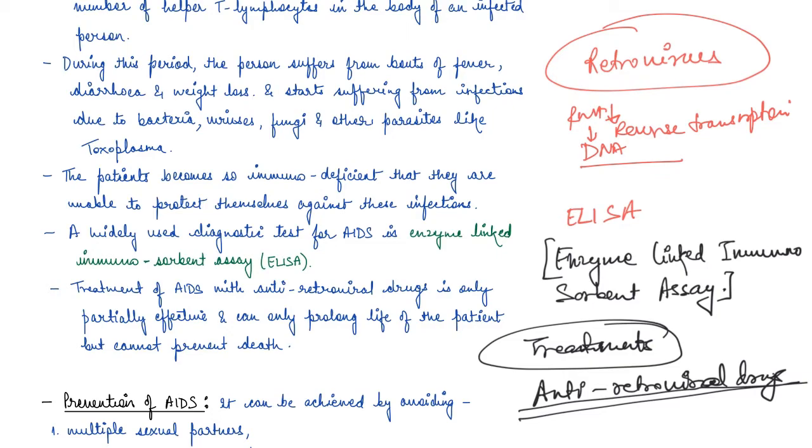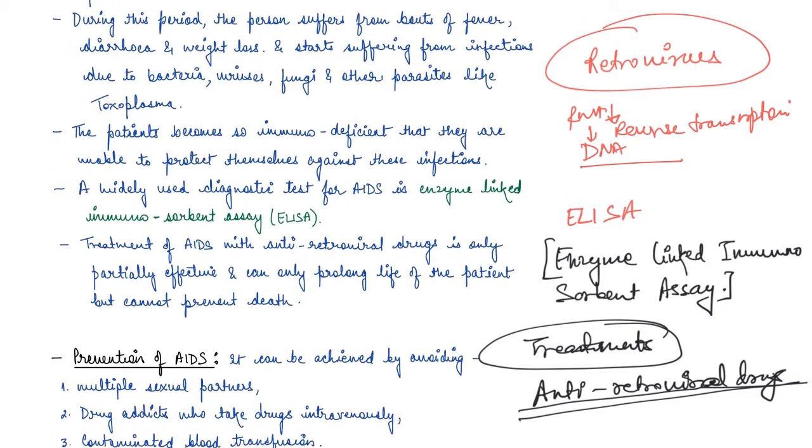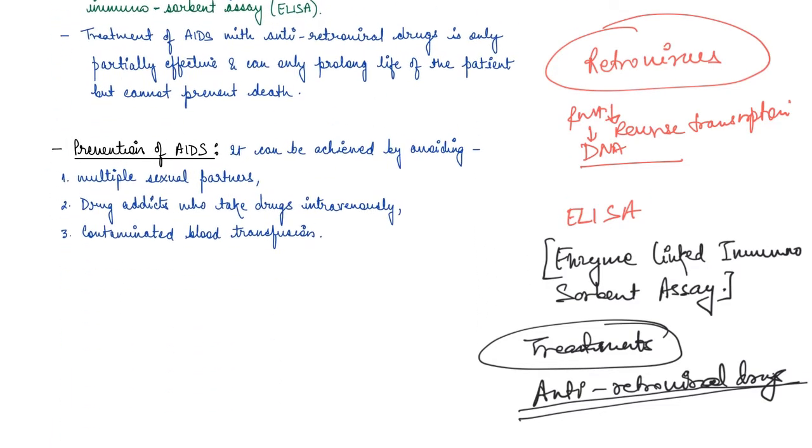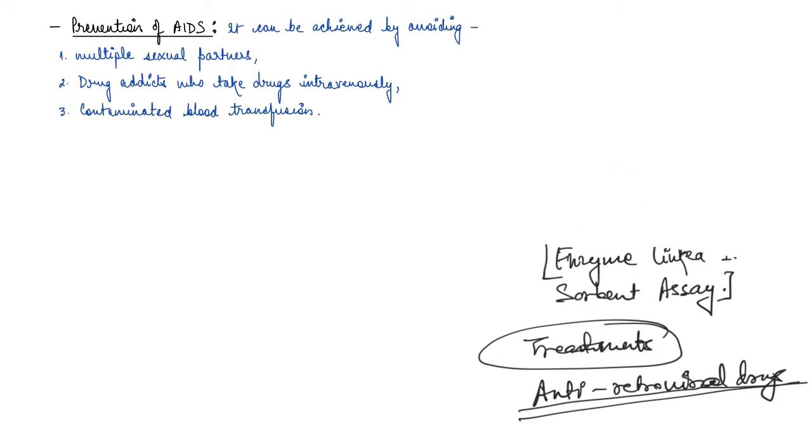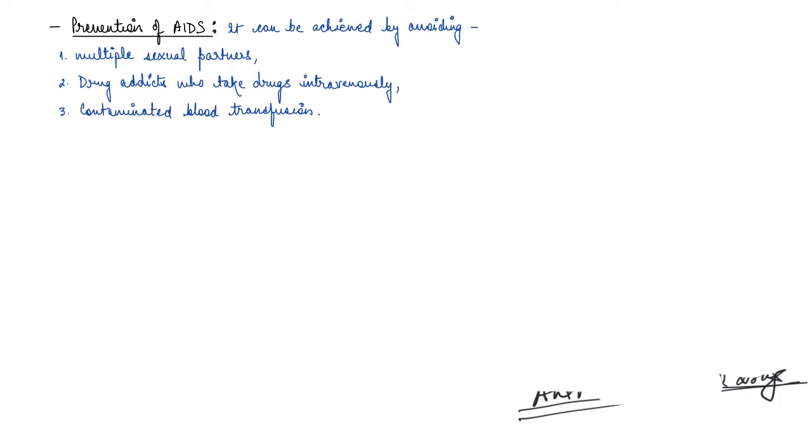Okay, and that is why the saying comes that prevention is better than cure. So in case of AIDS, it is said to be aware of the causes, and you have to prevent yourself from coming into those situations where you can have AIDS.